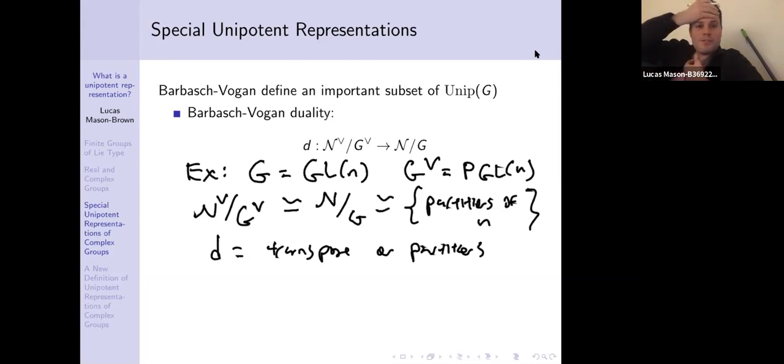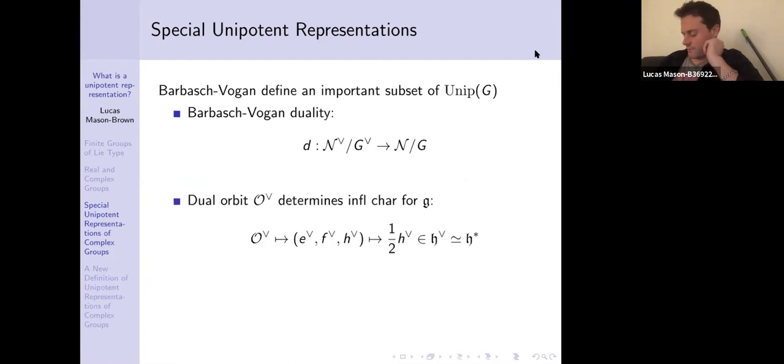So this example is somewhat misleading in the sense that D in this case is a bijection. Usually D will be neither injective nor surjective. The G orbits in the image of this map are called special nilpotent orbits. And in all types other than type A, there are non-special orbits.